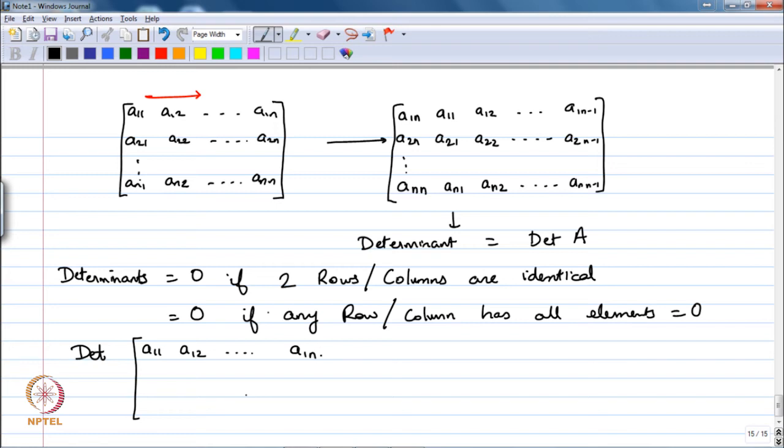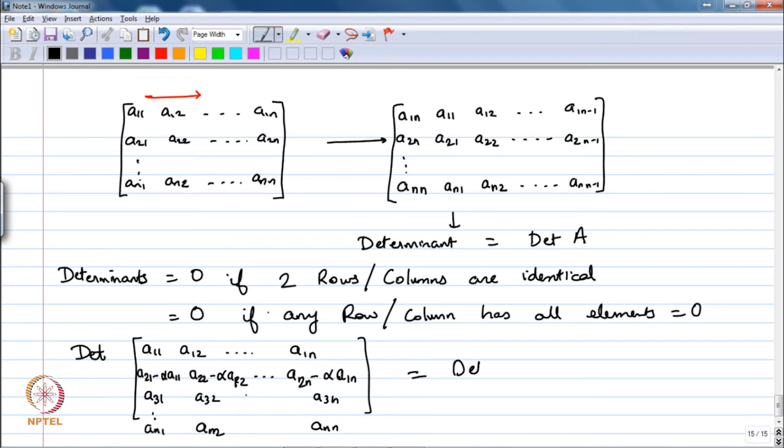Then instead of A21, you have A21 minus alpha A11, A22 minus alpha A12, A2n minus alpha A1n, and you leave the rest the same, A31, A32 up to A3n, An1, An2 up to Ann. You take the determinant of this matrix. This is equal to determinant of A.